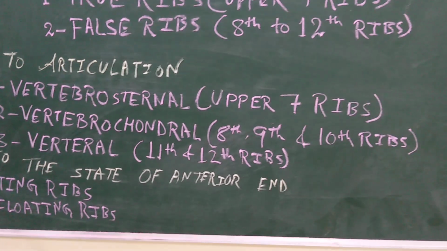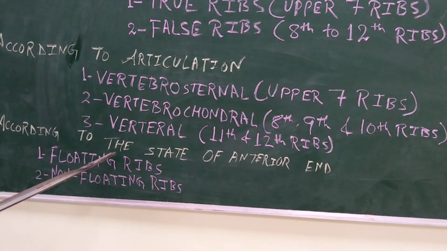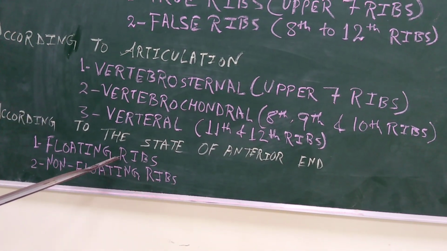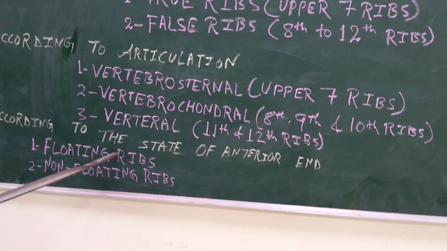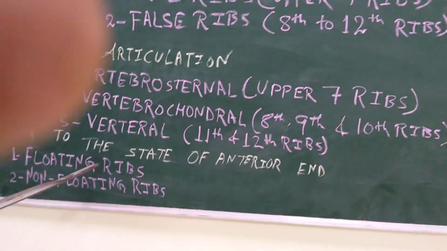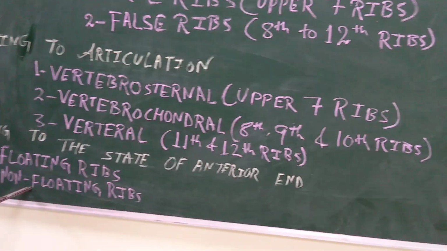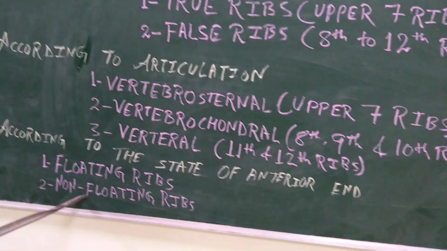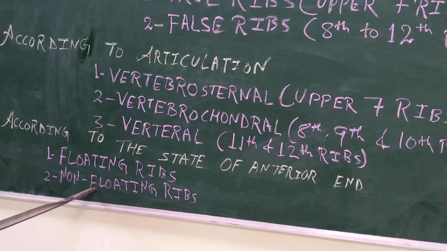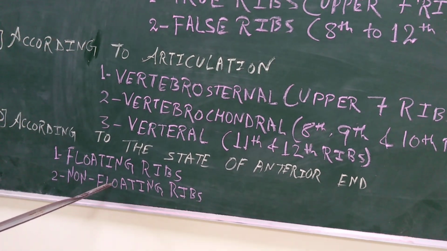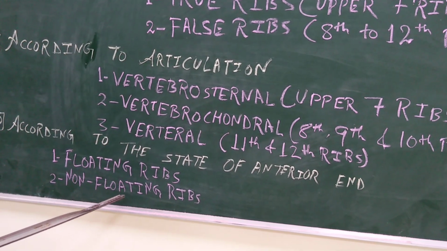The floating ribs are those ribs where the anterior end is free and does not articulate with the sternum or adjacent cartilage. And if the anterior end of the bone is fixed due to its attachment to the sternum or the adjacent cartilage, then it is called the non-floating ribs.